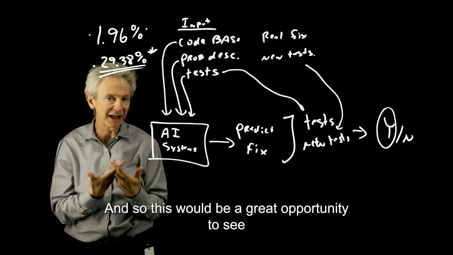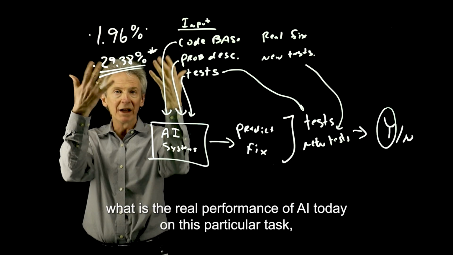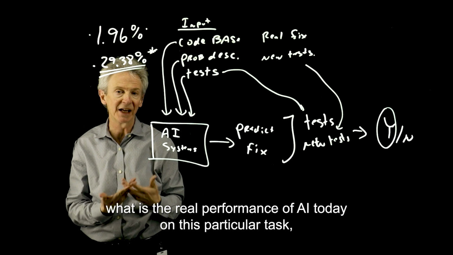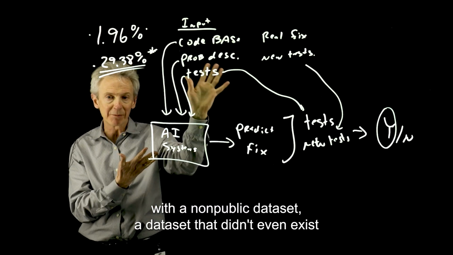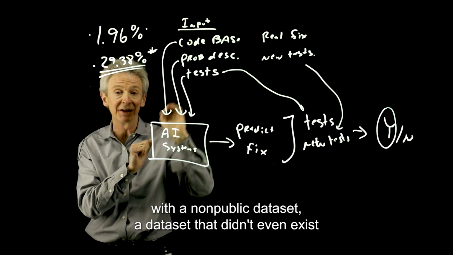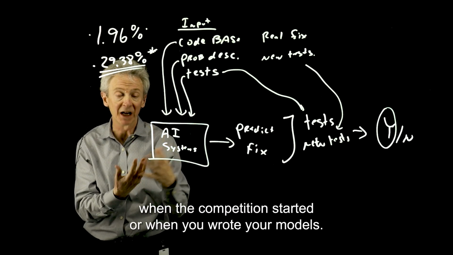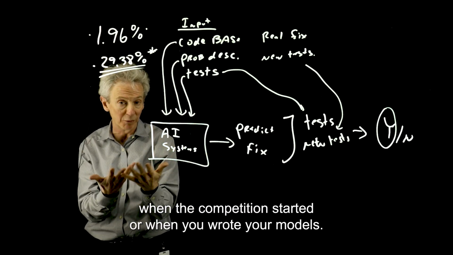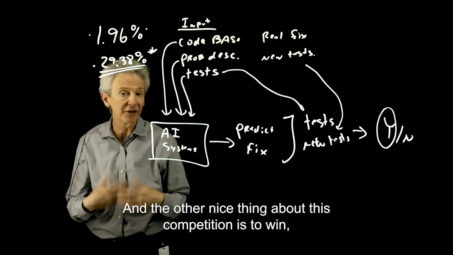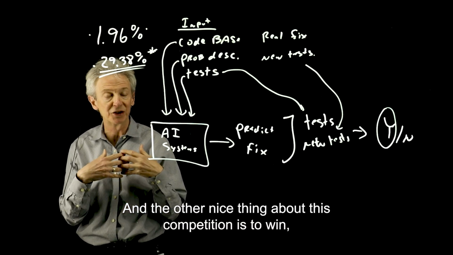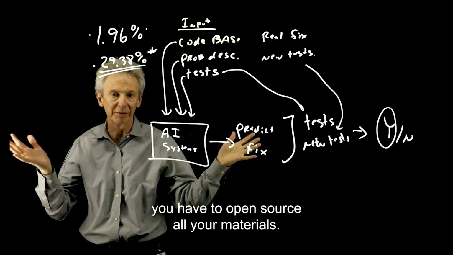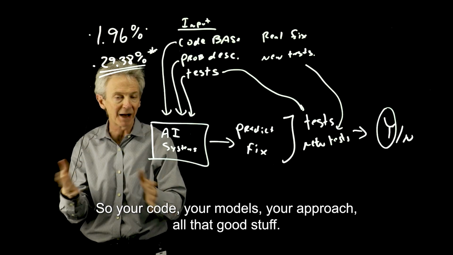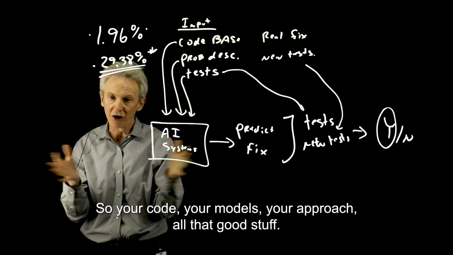And so this will be a great opportunity to see what is the real performance of GenAI today on this particular task with a non-public data set, a data set that didn't even exist when the competition started or when you wrote your models. And the other nice thing about this competition is to win, you have to open source all your materials. So your code, your models, your approach, all that good stuff.